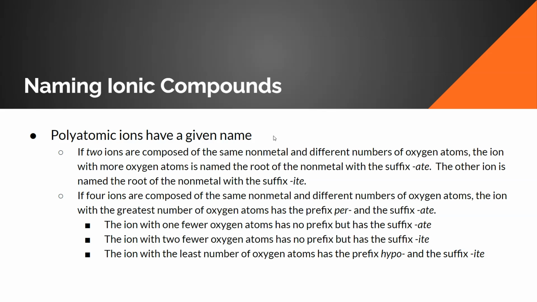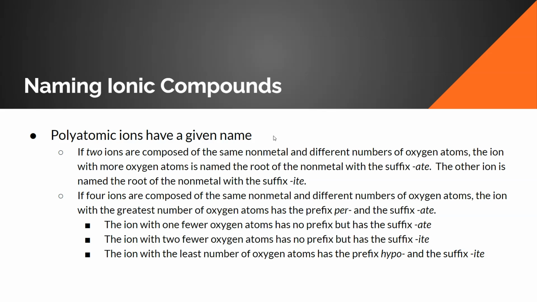If you have four polyatomic ions with the same nonmetal and different oxygens, then from the most to the least number of oxygens, the one with the most has the prefix per- and the suffix -ate. So, for example, ClO4 is called perchlorate ion. The one with one less is the one with just the suffix -ate.